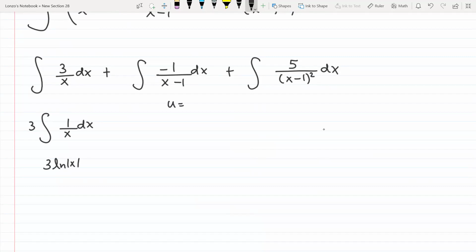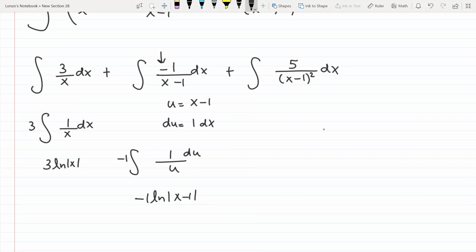And then over here you could do u substitution, so u would be x minus 1. Du would be the derivative of x, which is 1 dx. There's a negative here, so take that out. That's 1 over u. And then 1 times dx is du. So 1 over u is ln of u, which is x minus 1. And then you have a minus.